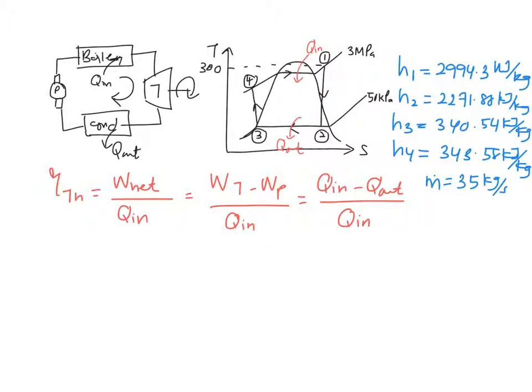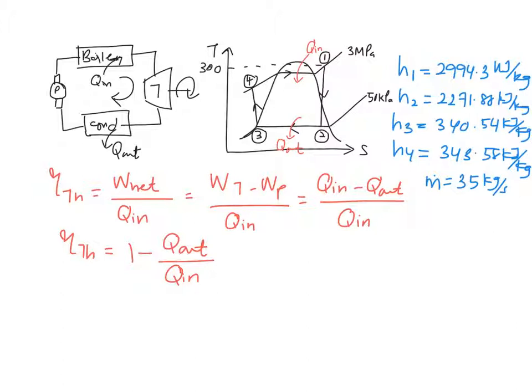Alright, if you see this equation over here, Q in is the same as Q in, so it can be simplified: your eta thermal, or thermal cycle efficiency, could be 1 minus your Q out over your Q in, right?